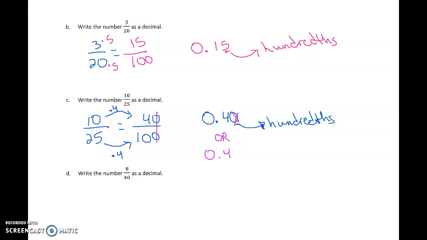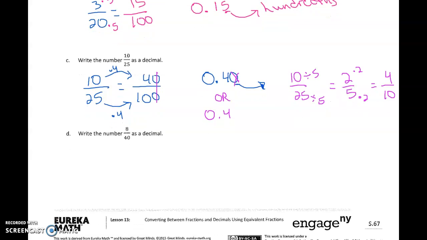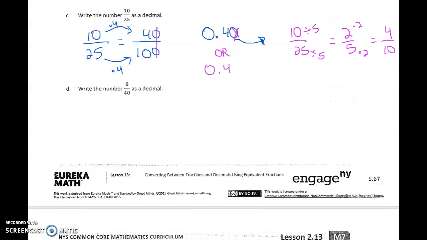And if we wanted to, we could have taken 10 over 25 and divided the top and bottom by 5. That would be 2/5. Then I could multiply 5 by 2, which gives me 10 on the bottom, and 2 times 2 is 4. 4/10, the same as 40 hundredths. Let's think of it that way, maybe as dividing, as we look at 8/40ths.